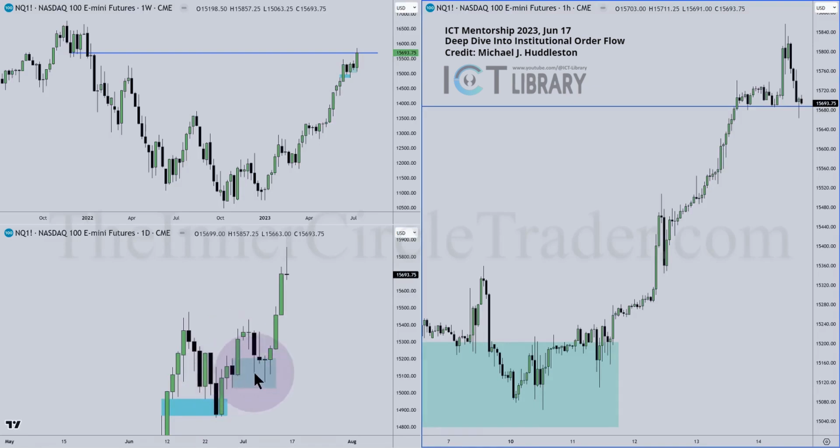We wicked down through it, but then closed here. This one here, we wicked down through it and closed right here. We wicked down through it and closed up here. So yes, we had the movement through the mean threshold, but we didn't close below it. So that still keeps this down close candle valid as a propulsion block.